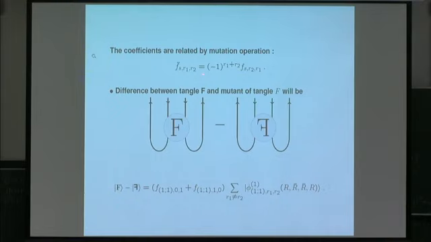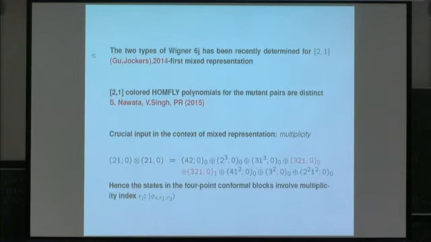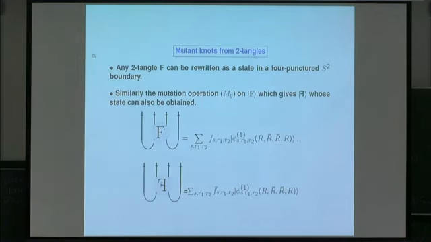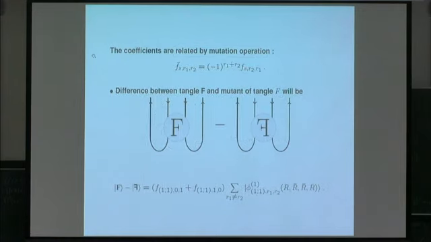See, if R1 and R2 are the same, then I will not pick up any sign, which also tells you that for symmetric representation, this F and F tilde will be the same. It's an identity object. But if you have multiplicity, then F tilde is in general not the same, at least for the representations which have the multiplicity index, the red colored representation which I had here. Okay, and you can show that F tilde will be related.